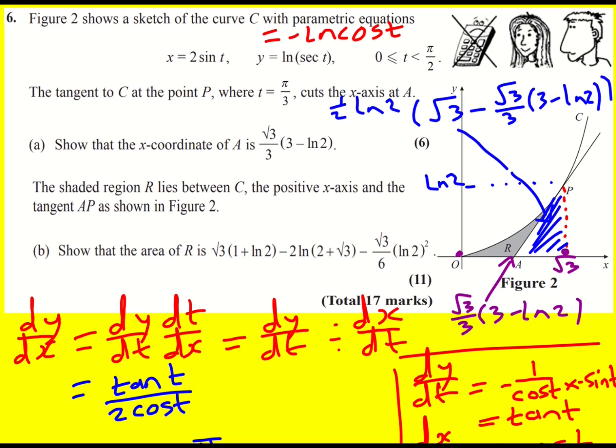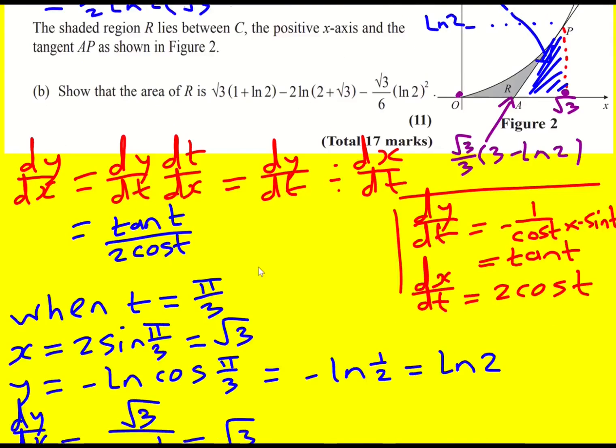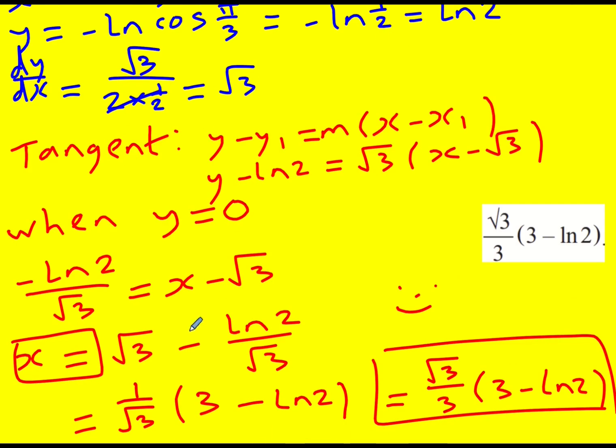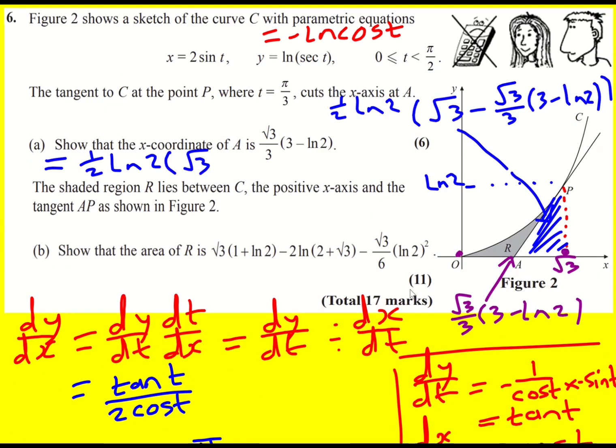And we could try and simplify that. And I've just realized I've not really left enough room, but I'm going to carry on anyway. So I get a half ln 2, and then I'm going to expand the bracket back out. Actually, they made us write it like this, but it was actually in a pretty good form: root 3 minus ln 2 over root 3.